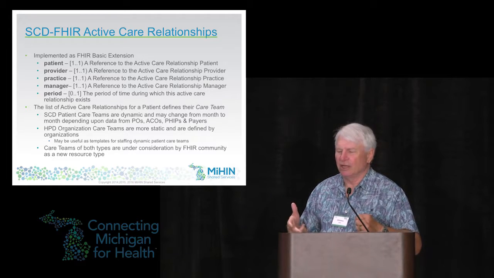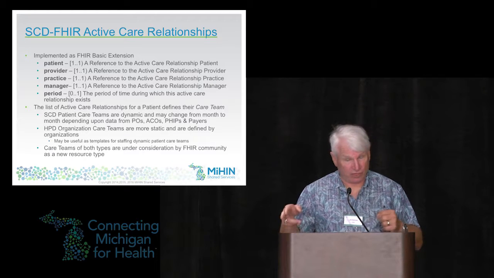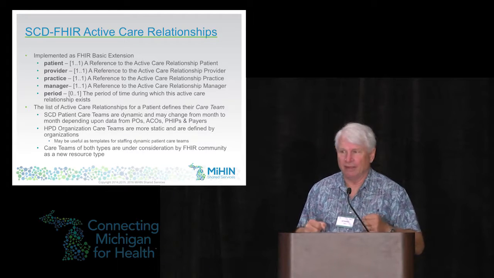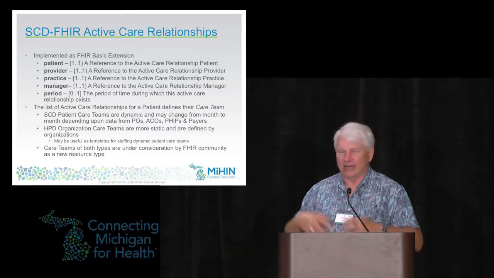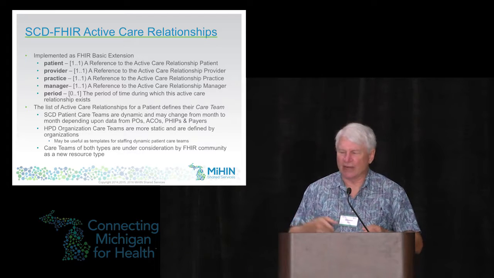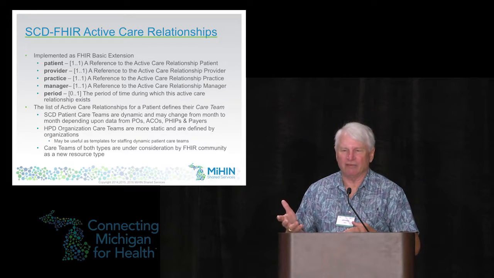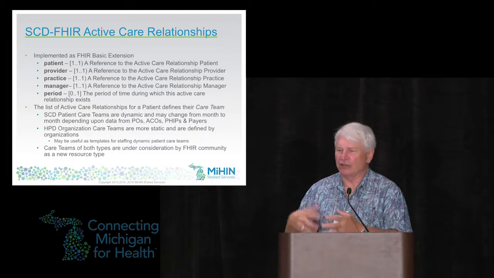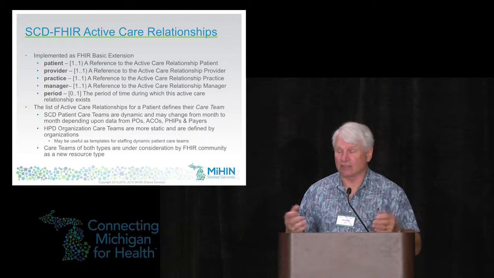FHIR is, in the next release, going to introduce care teams, which are very close to active care relationships, but which aren't quite exactly right. And anyway, that's not a standard we can build on. We have DSTU 2. So right now we have active care relationships, and we're working within the FHIR community to try to figure out how to use the new care team resource that they're building, because it has a lot of thought in it and it satisfies a lot of other use cases that ours don't.